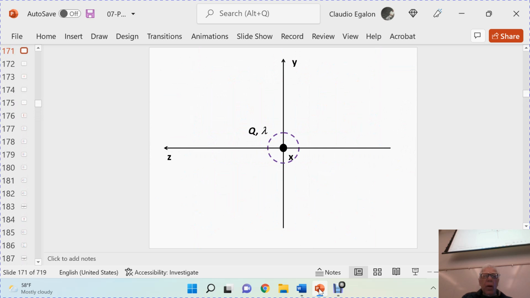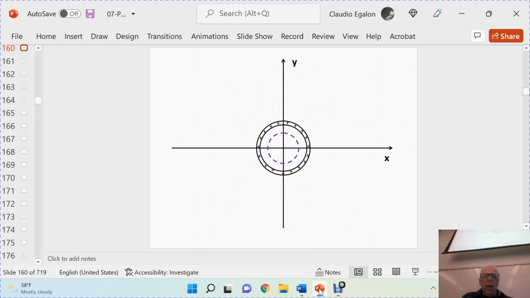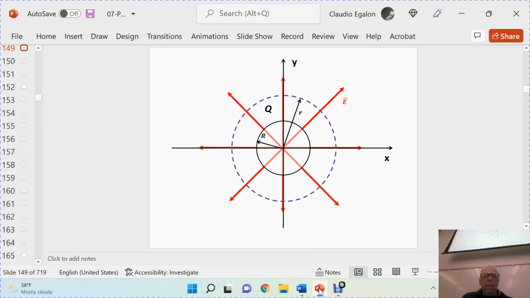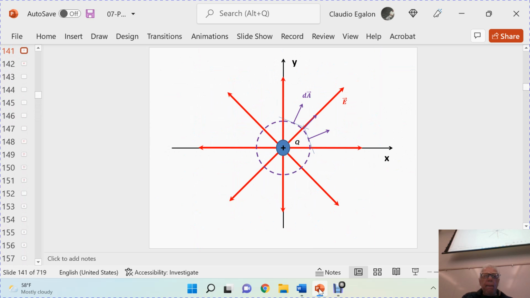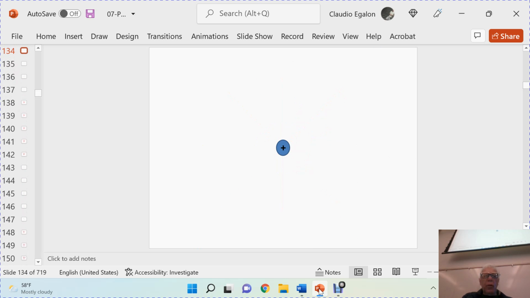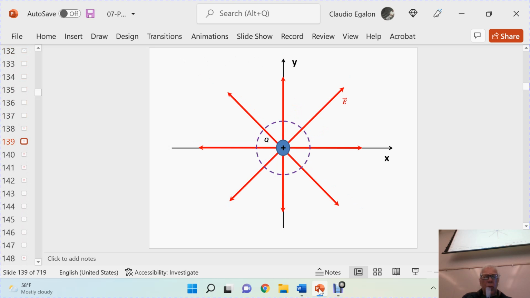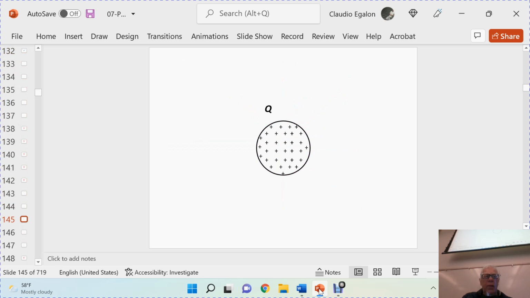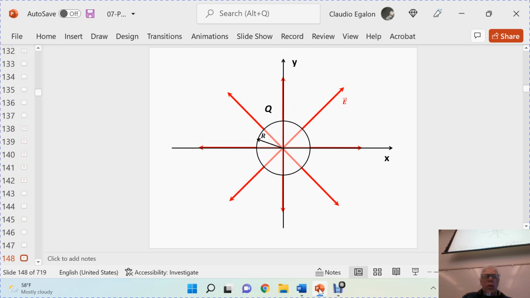That's what I did last time. Yeah, that's the point charge. That's the point charge. That's the spherical charge. Uniformly distributed spherical charge. Uniform distribution.